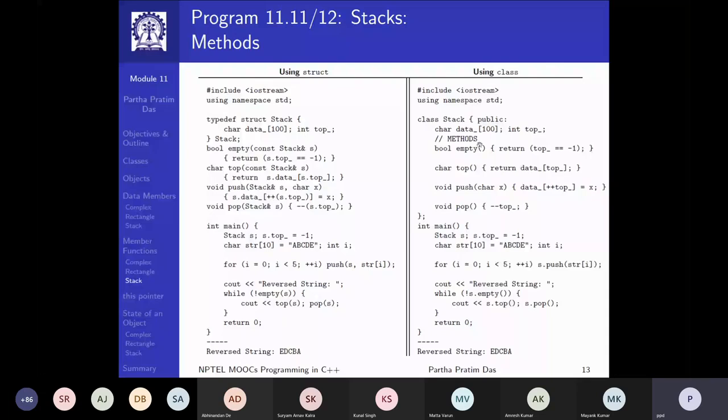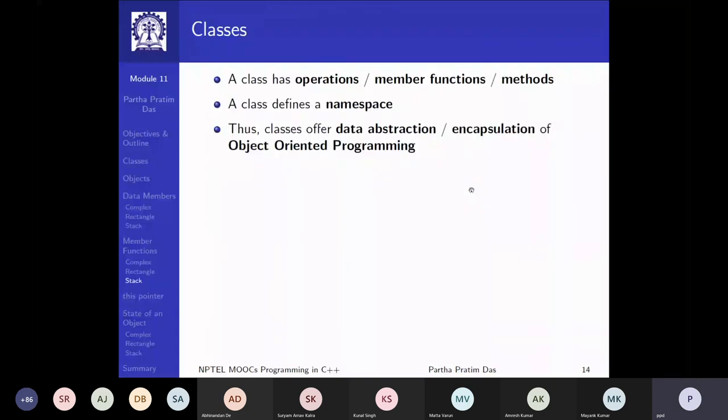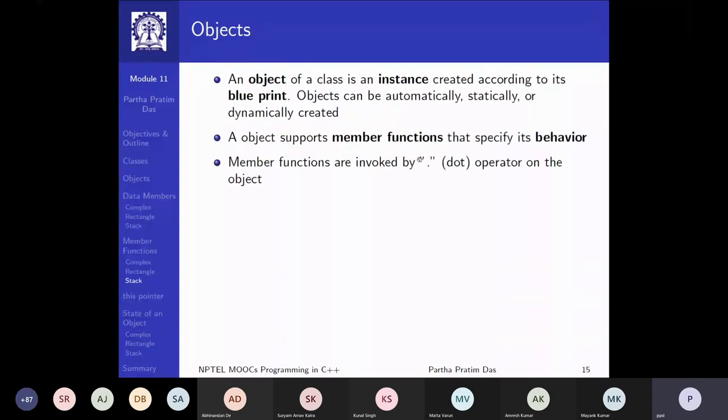But in C++, again, the namespace comes in. So DQ can have its own method called empty. So everything is now owned by the class. This is the basic encapsulation that we have achieved: the class has operations, methods, and defines a namespace, and data is encapsulated in terms of that.